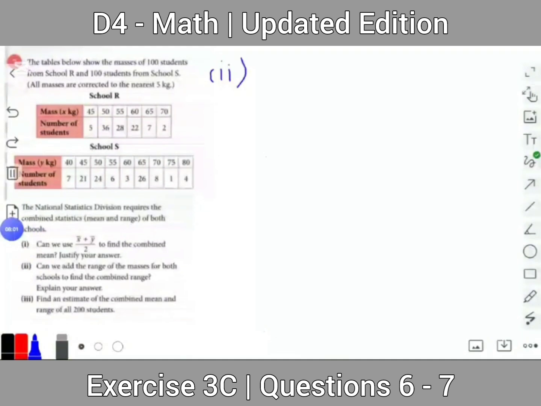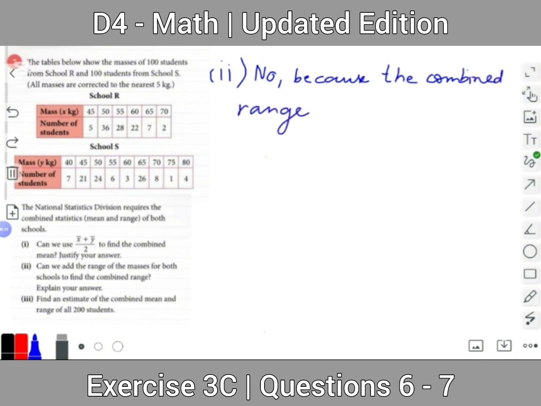Now in the part 2, can we add the range of the masses for both schools to find the combined range? Explain your answer. No, because the combined range is 80 kg minus 45 kg.